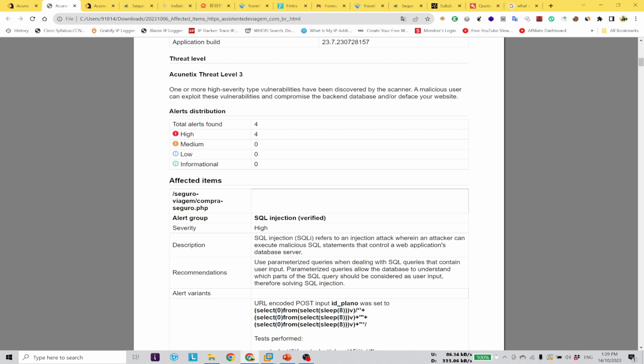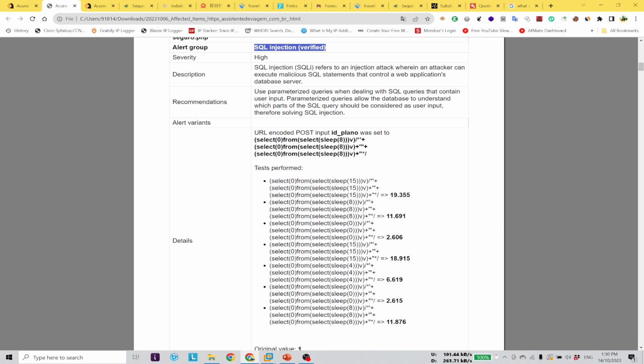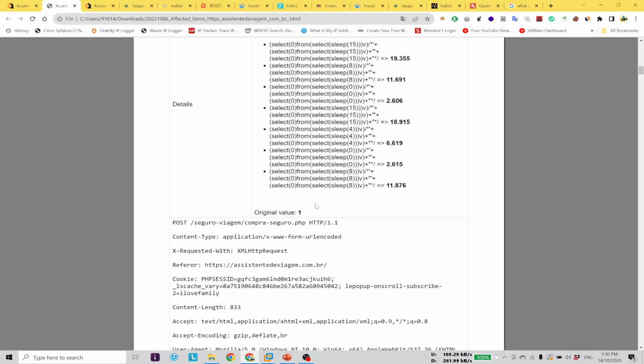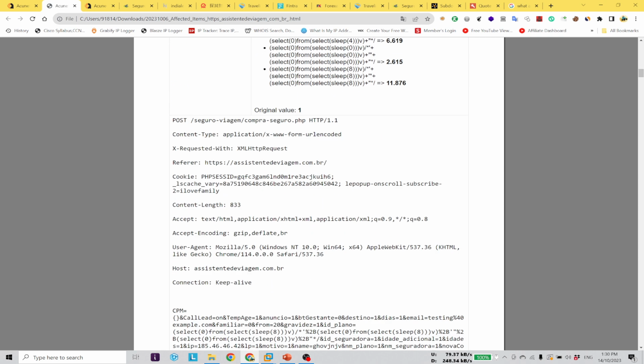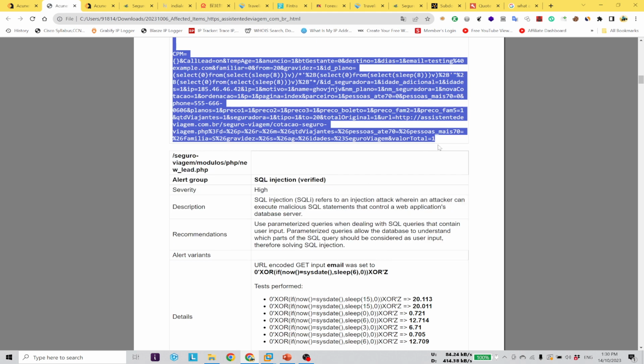What high severity vulnerabilities are there? That is nothing but SQL injection. The scanner has already verified that this vulnerability exists in this website. They have given the complete report, the complete request, how this vulnerability was discovered, and how we can exploit it.